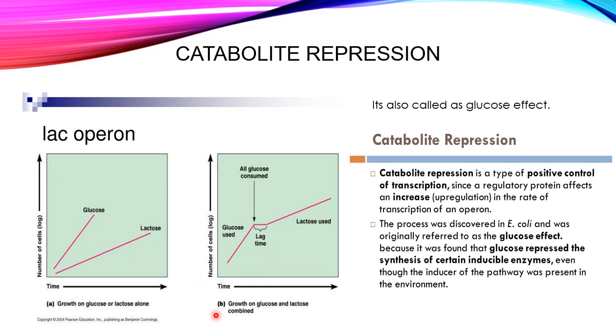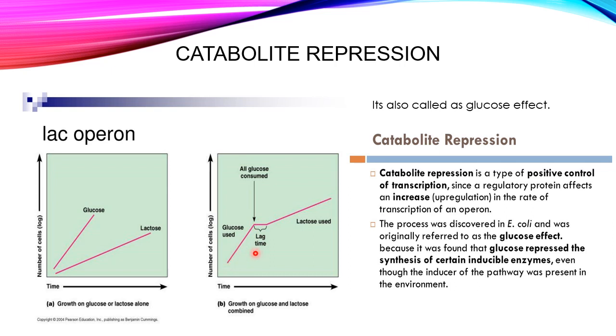So now in the second graph, let's see where an E. coli is grown in a medium containing both glucose and galactose. We have understood by the first graph that glucose is primarily the first choice and lactose is the second choice. Now what will happen? Here, there is a result of a diauxic curve.